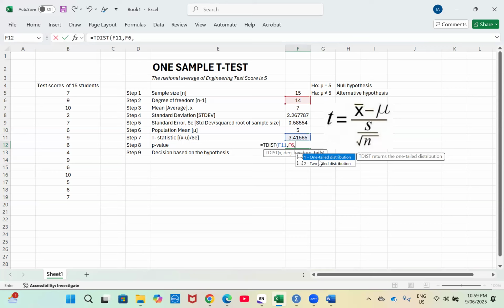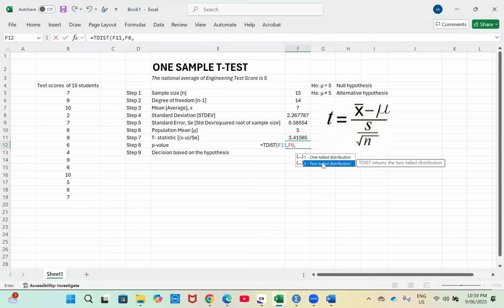But in this context, we will take a two tail because we just assume that it could be greater, it could be less, that is, not equal. So we'll take the two-tailed distribution. Then put an equal sign, and that will give you 0.04181. So the question is, what decision are we making?